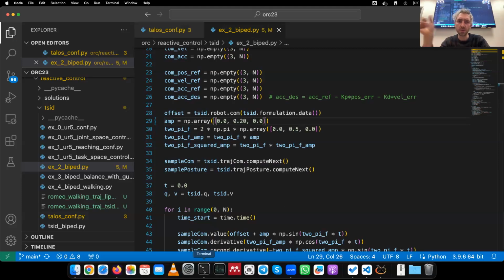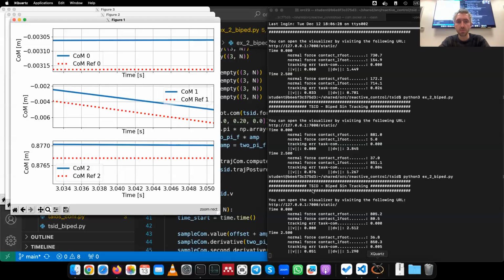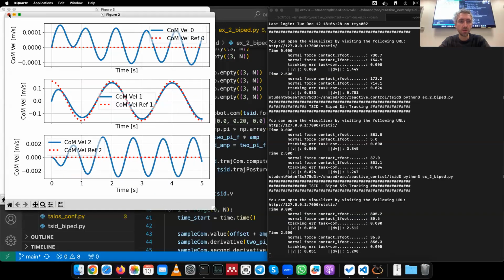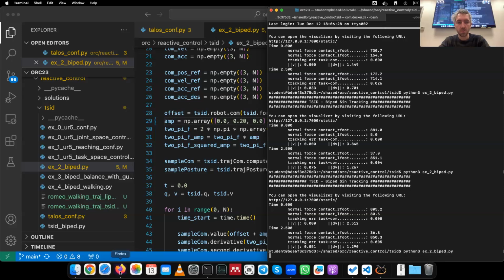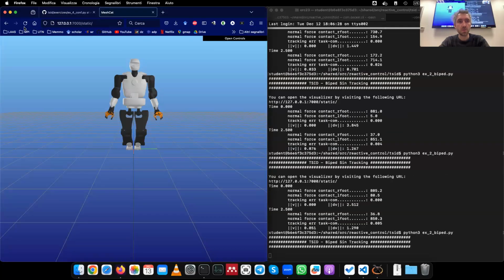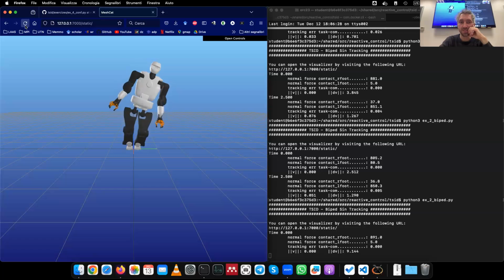I'm not sure if 20 is already outside the support polygon, but probably it is. Yeah, it is.